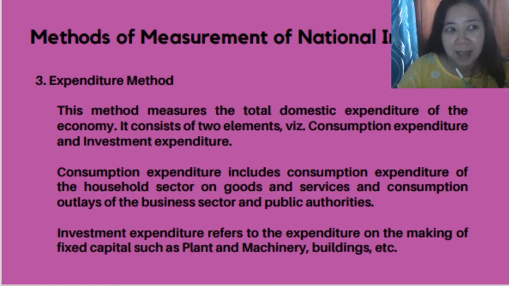So it has a future benefit. That's why it's deferred and considered to be an asset. But when talking about the national income, the consumption and investment expenditure are added, so that we will be able to measure and determine the national income of a certain country under the expenditure method.